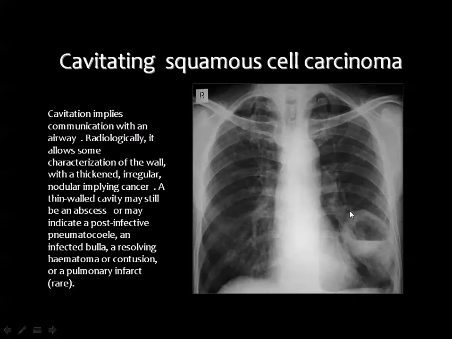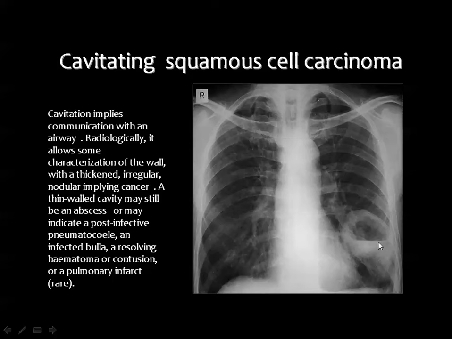Then if you see a lesion like this, a cavity with an air fluid level on the plain film, actually most of the cavities in the lung containing an air fluid level are secondary to abscesses, and abscess is far more common compared to a cavitating bronchogenic carcinoma with an air fluid level.